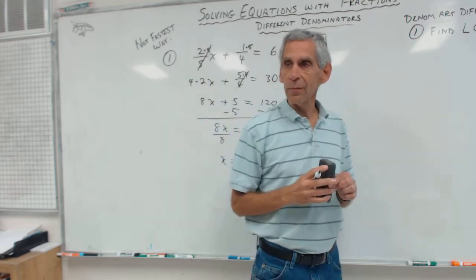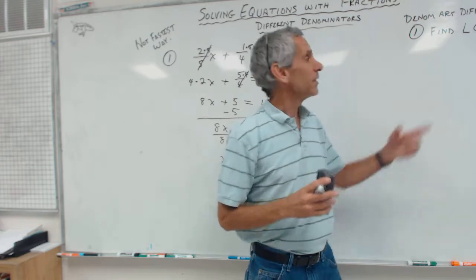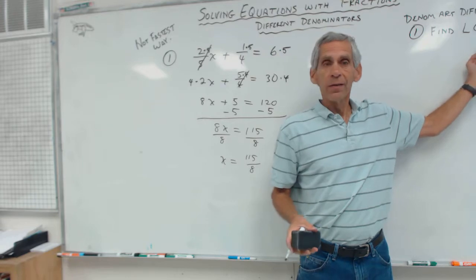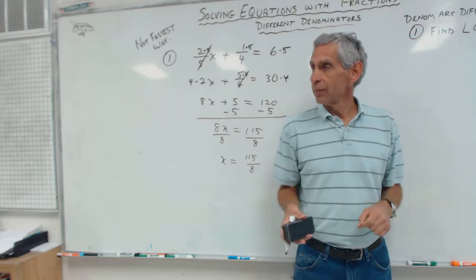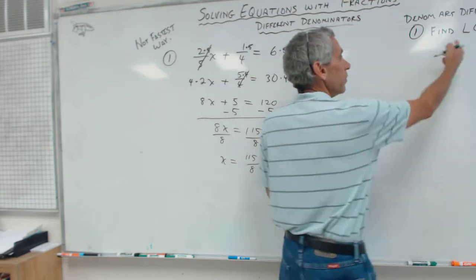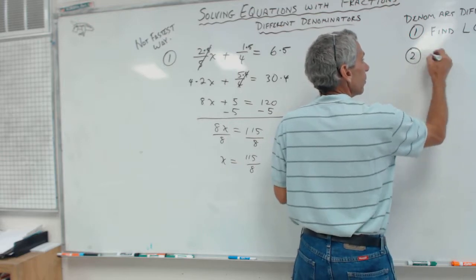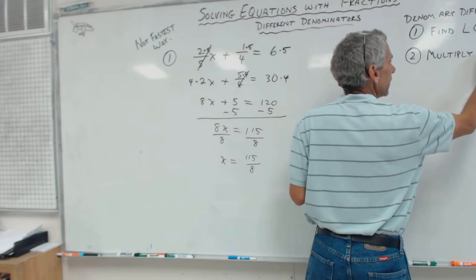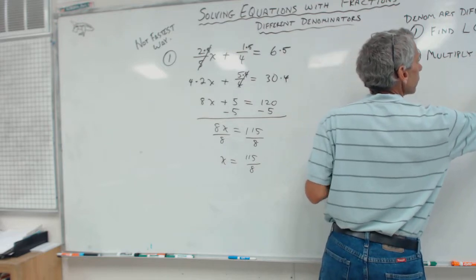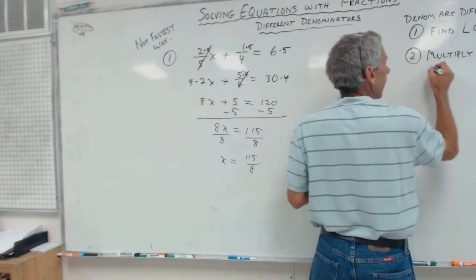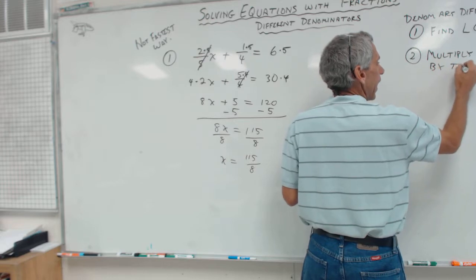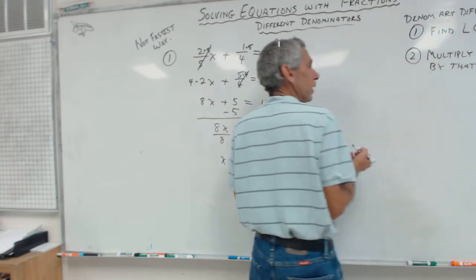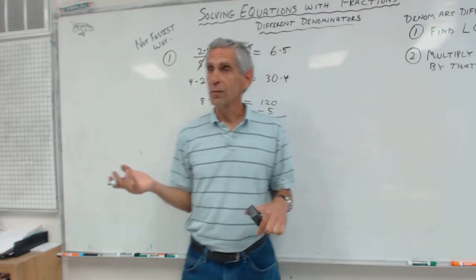The lowest common denominator. It doesn't have to be the lowest. It could just be a common denominator. But the lowest just gives you smaller numbers, right? Lowest common denominator to multiply each term by that lowest common denominator, right? And that will solve the problem.